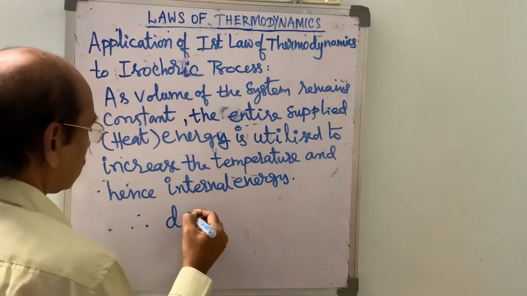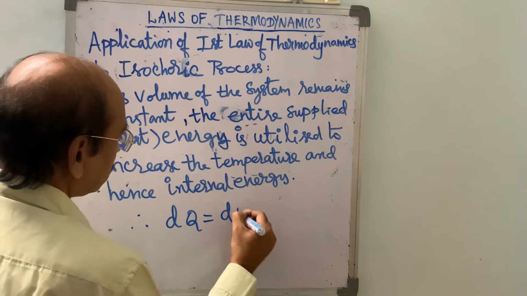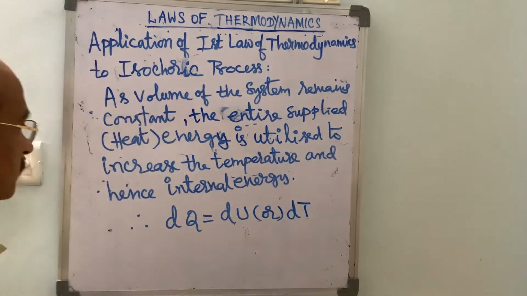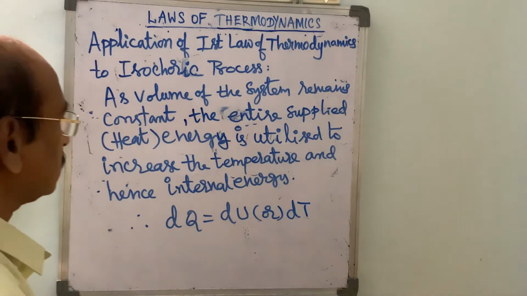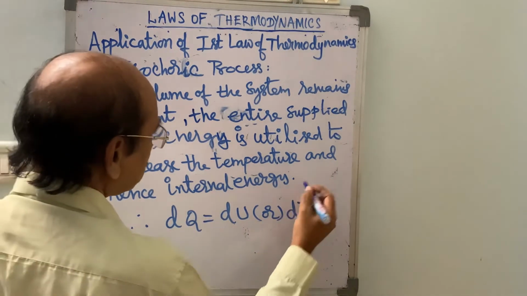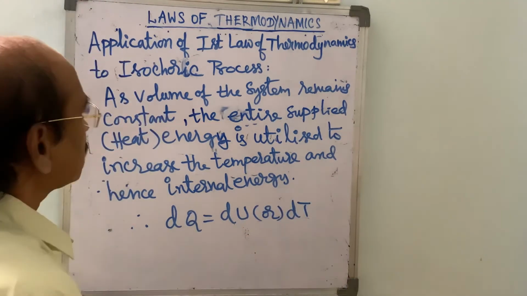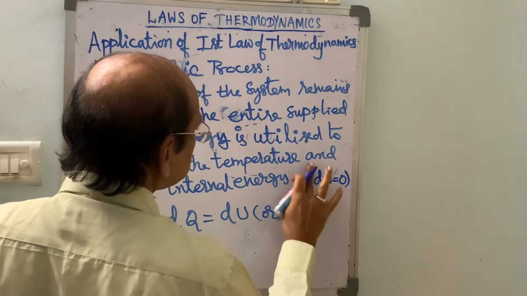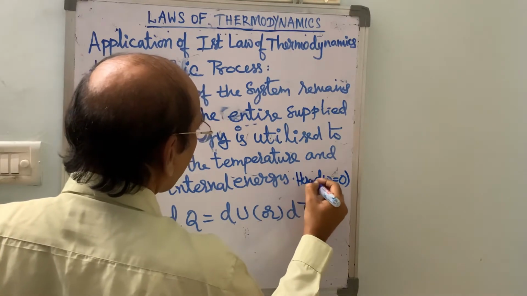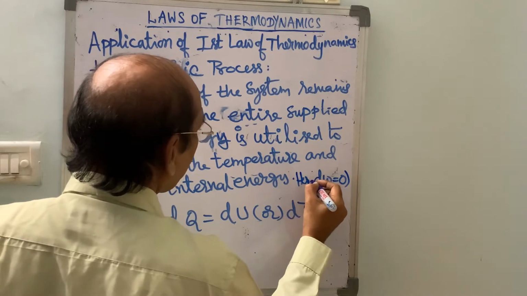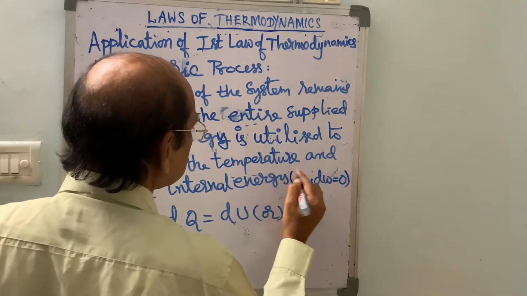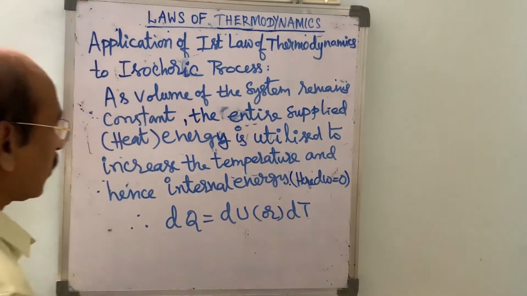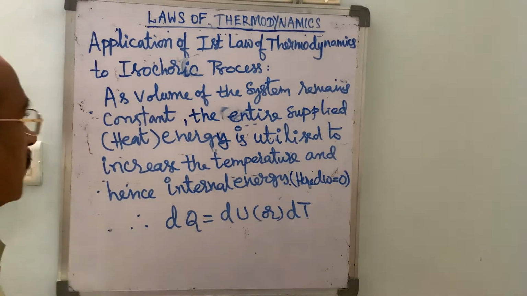Therefore dq is equal to du or dT in this case, and dw is equal to 0. As the volume is constant, there is no displacement, so dw equal to 0. Therefore dq is equal to du or dT.